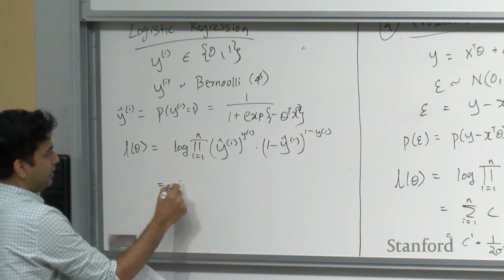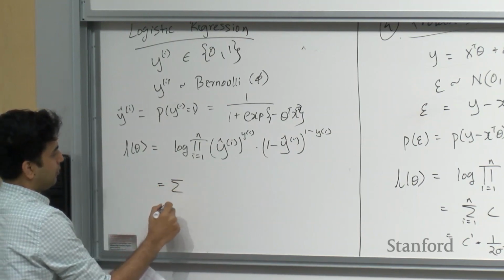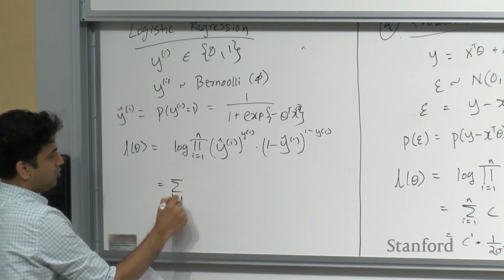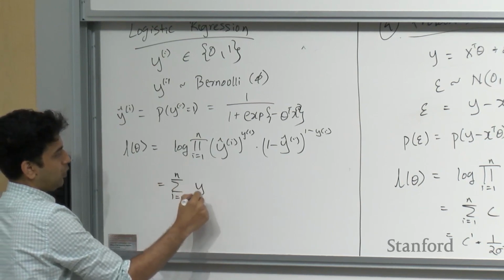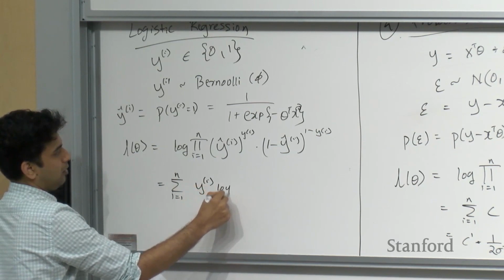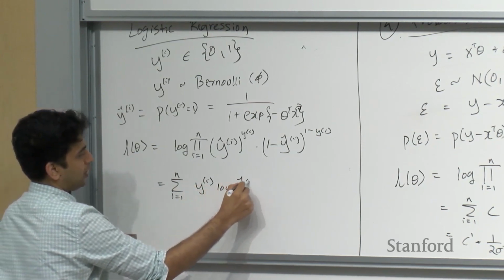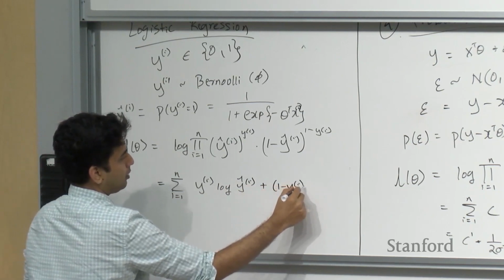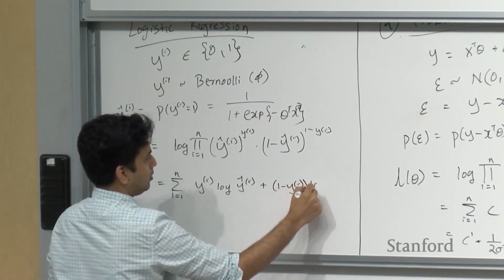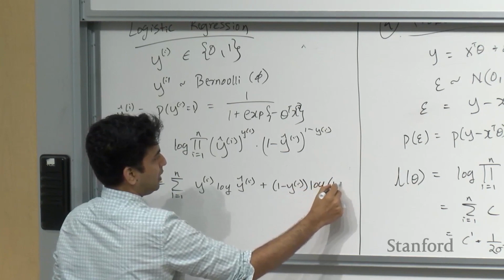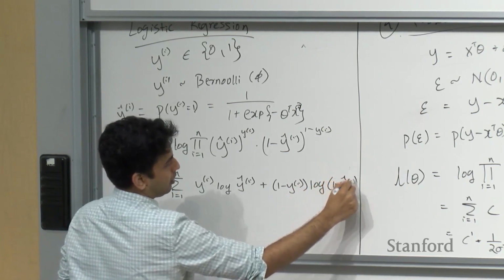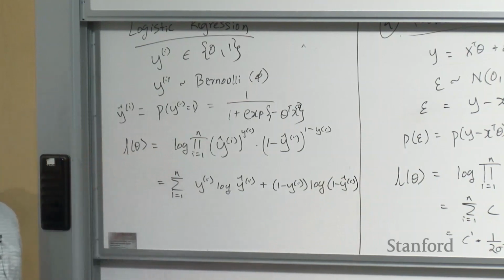And this allows us to write the objective of logistic regression as, so log of the product is the sum of the logs, i equals 1 to n, yi log y hat i plus 1 minus yi log 1 minus y hat i, right?